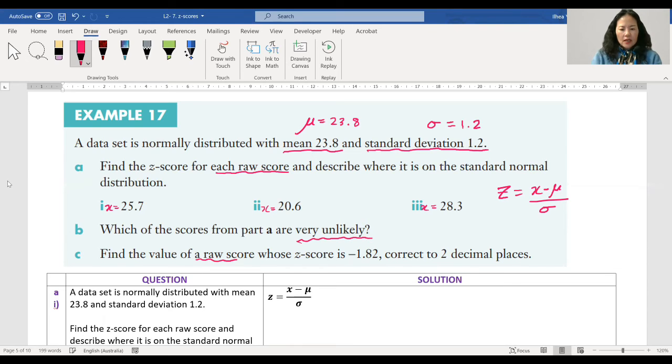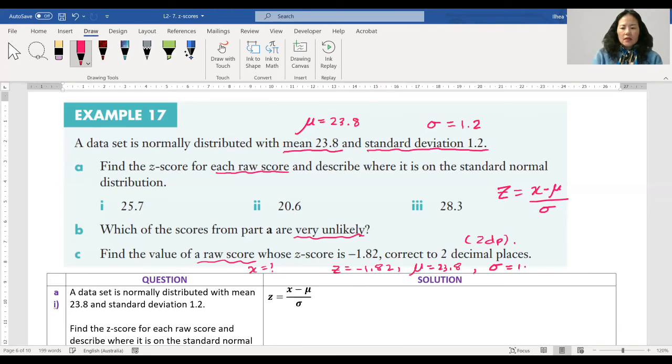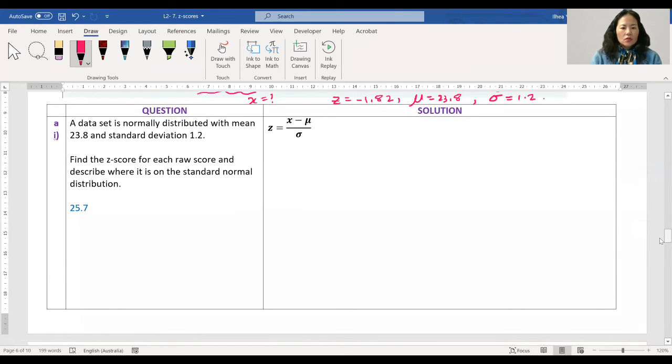Now we're looking at X when the Z score is minus 1.82, to 2 decimal places. Of course we're going to use mu is 23.8 and the standard deviation is 1.2. So my raw score mark is 25.7.